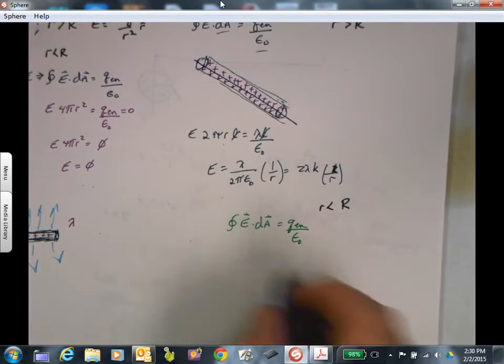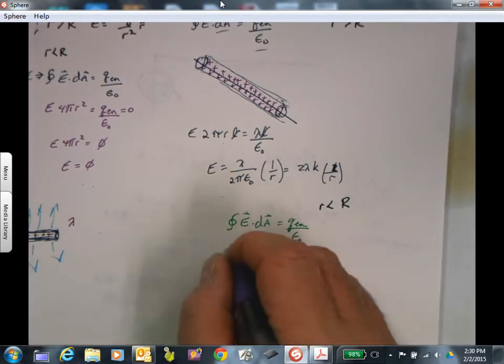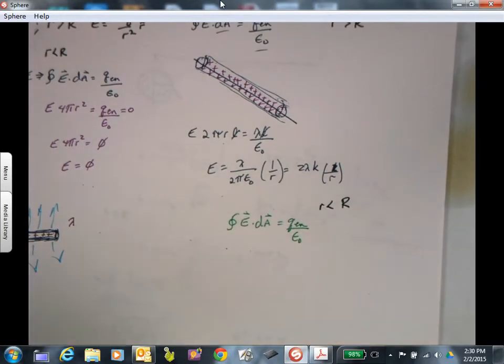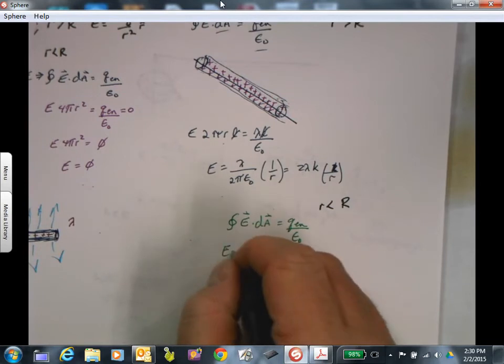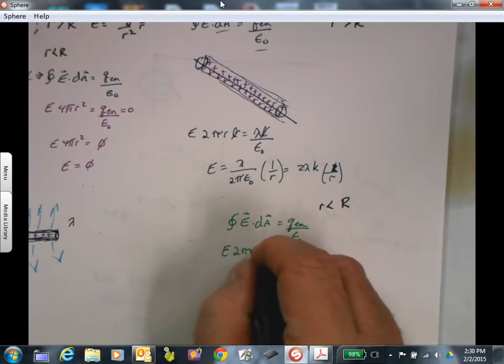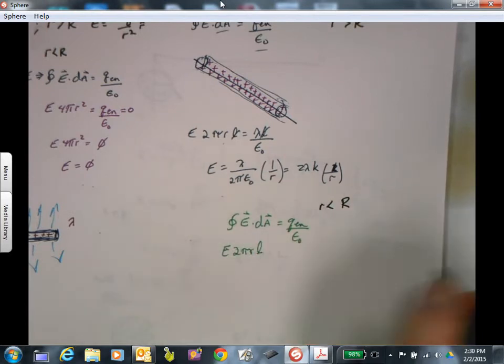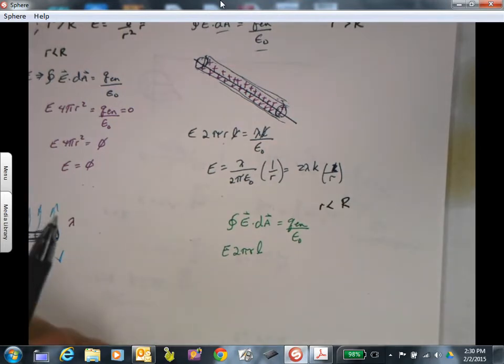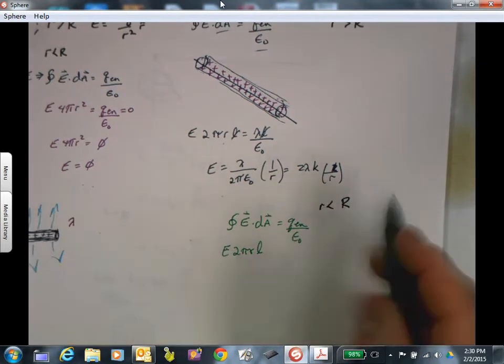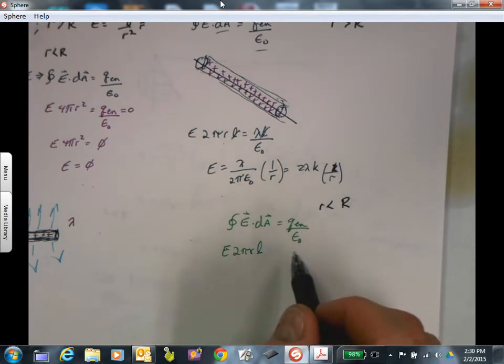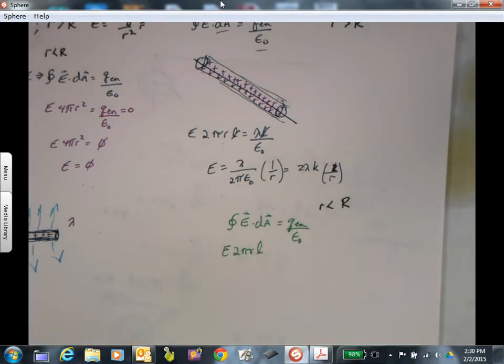We still have E times 2 pi r times the length, because that's still the area of our surface here. We're still going to have no flux coming out the ends. Okay, so it works like that.